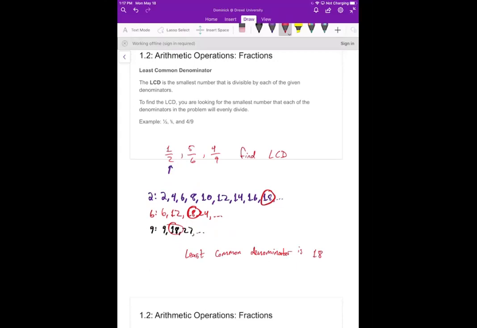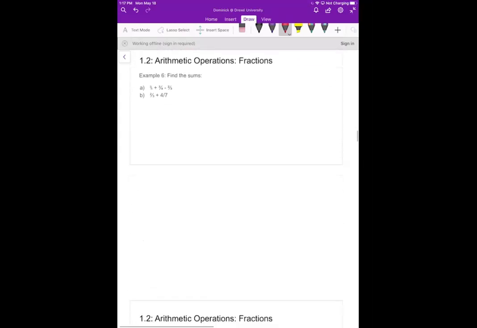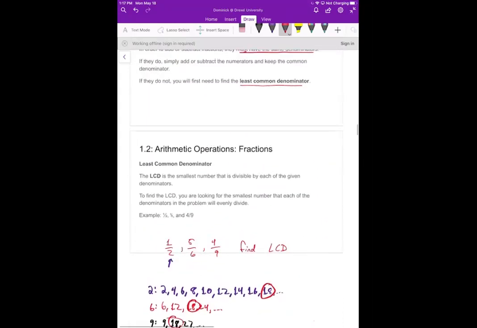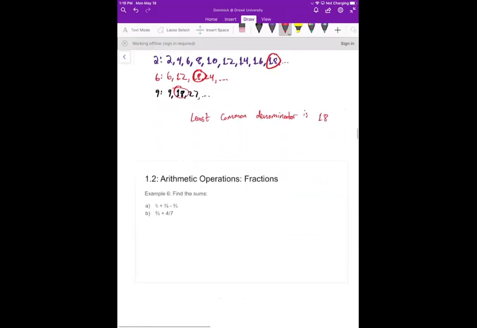All right. Now, once you have that least common denominator found, you can now talk about how to add fractions that have different denominators. I must have, did I skip a slide here? Okay. So the idea is that once you have the least common denominator, you now want to make all the fractions into equivalent fractions, but in a way so that they all have the same denominator. All right, so let's look at that.